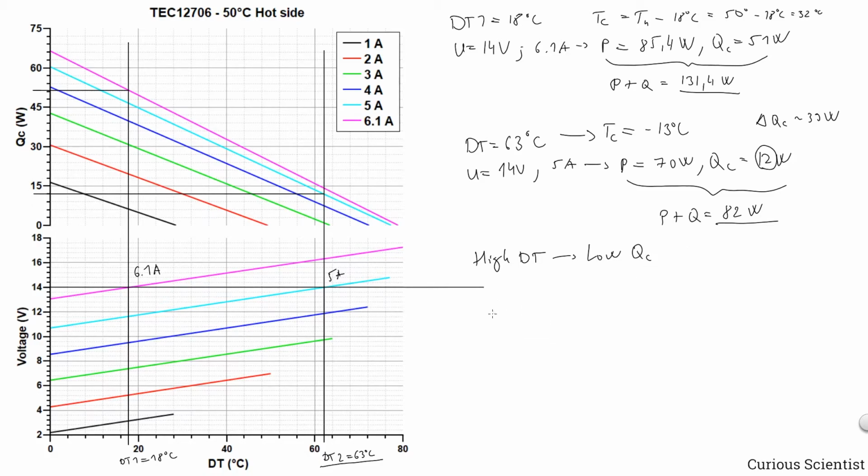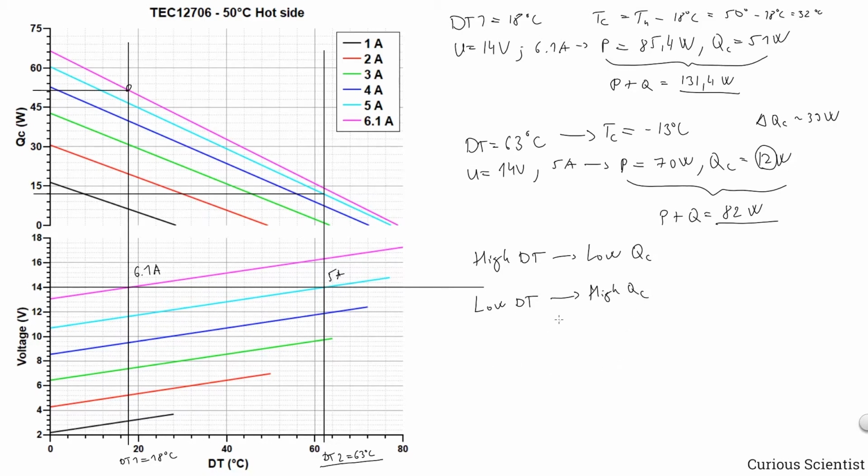And the other way around, so let's say we have low dT, so the temperature difference between the two sides of the Peltier cooler is low, so you are somewhere here, you can reach quite meaningful numbers. So you can see that that is high QC.